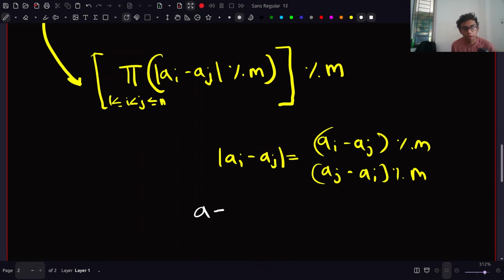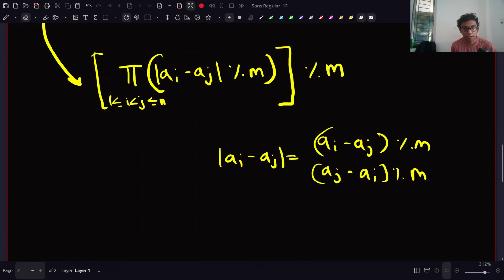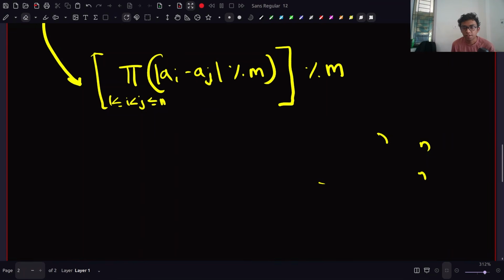So if we have a minus b mod m, we can write it as (a mod m minus b mod m) mod m, right? As long as it doesn't become negative. But in this case, since it's an absolute value, it's never going to become negative anyways, so we can distribute it inside. I hope that's clear.